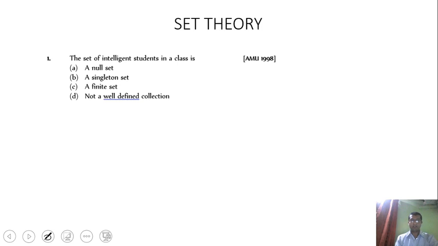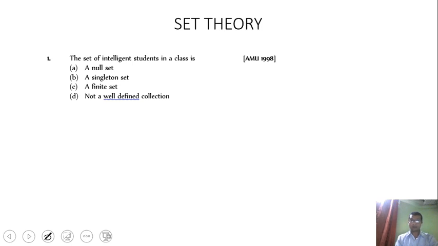Dear friends, now we'll go through examples. First example, the set of intelligent students in a class is. A set is a collection of well-defined objects.